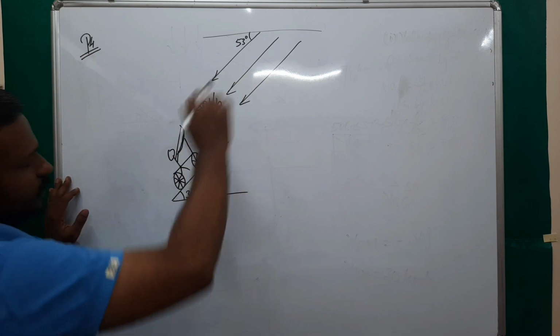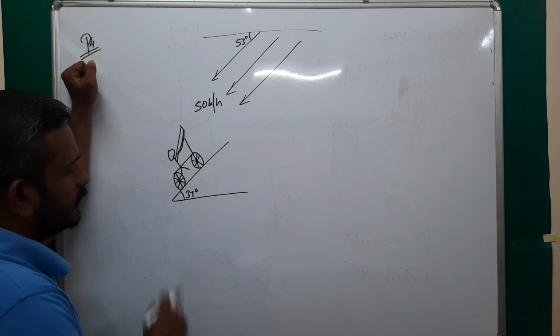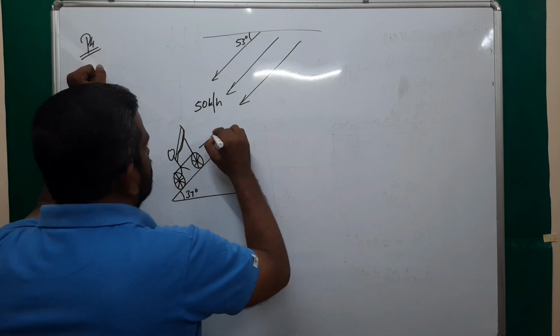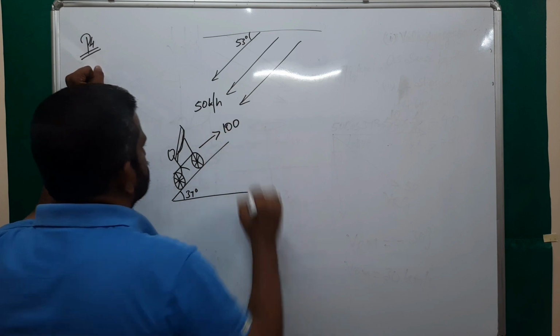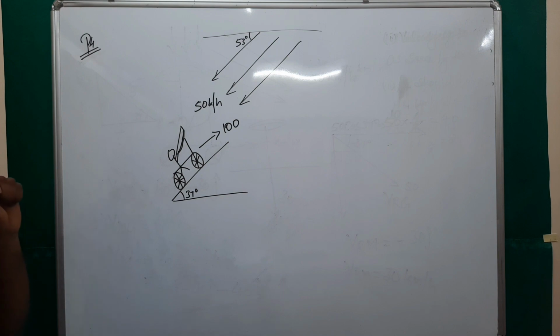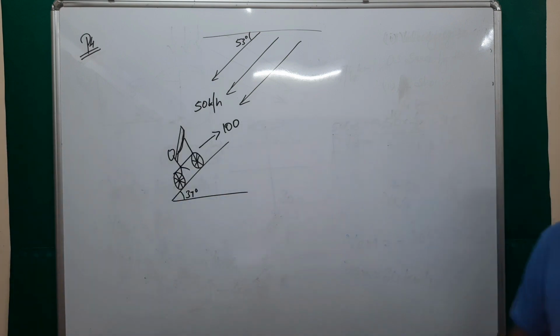A man is riding a bicycle on an inclined plane, with an angle of 37 degrees, with a speed of 100 km per hour. So this is the situation.